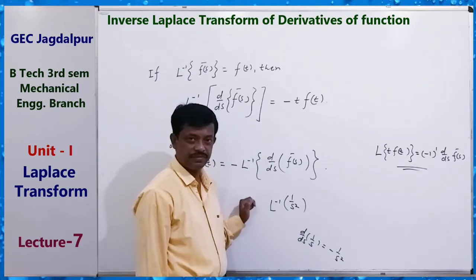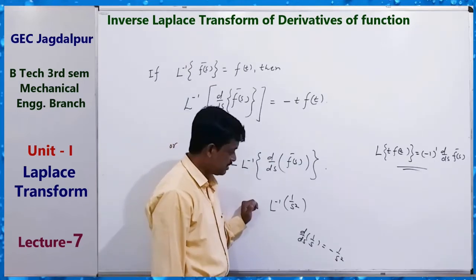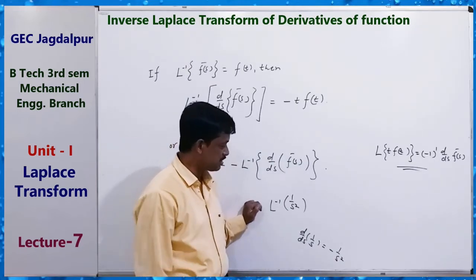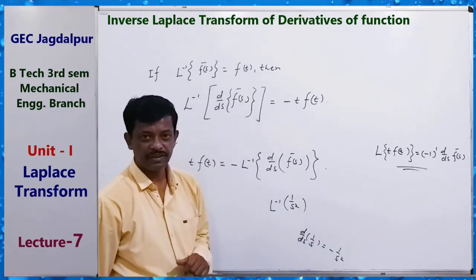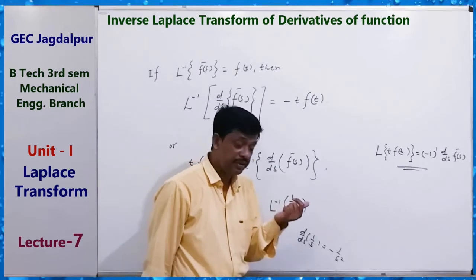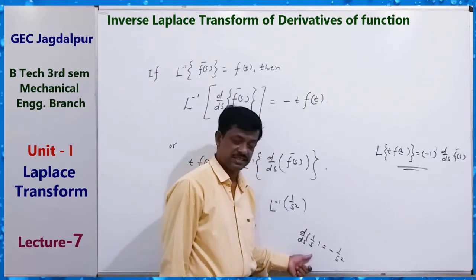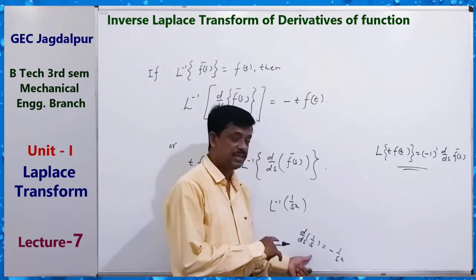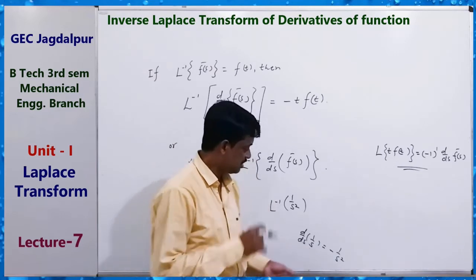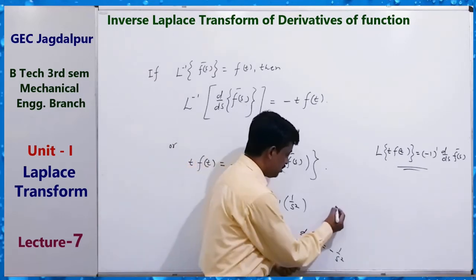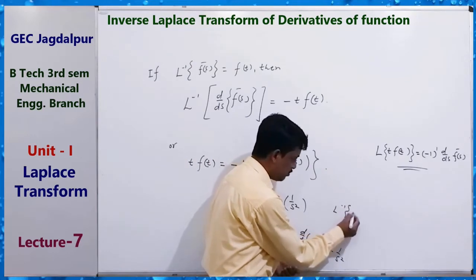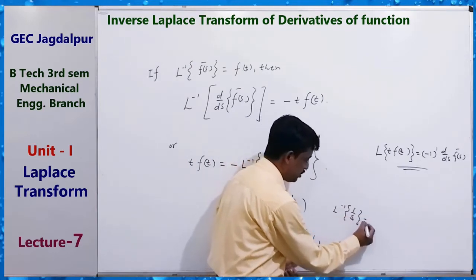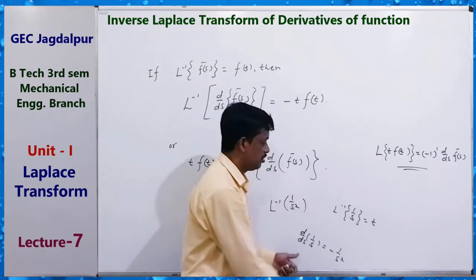We know this. That is, for finding the inverse Laplace transform of 1 by s square, we can apply this formula, where f s bar will be 1 by s. The inverse Laplace transform of 1 by s equals to what? 1.